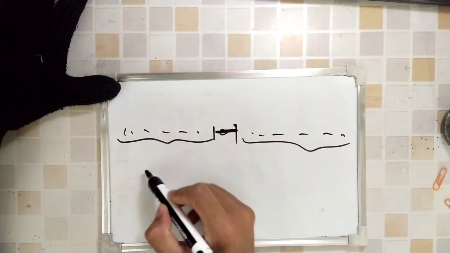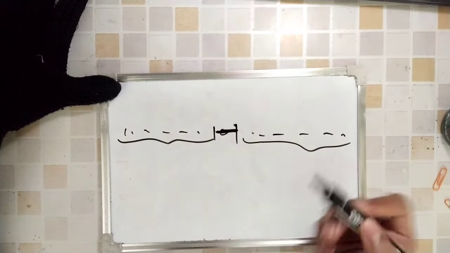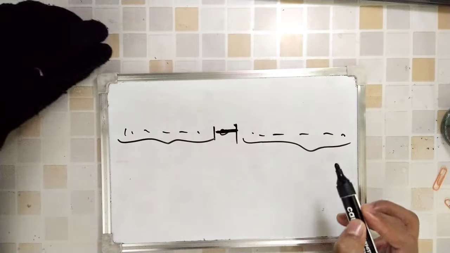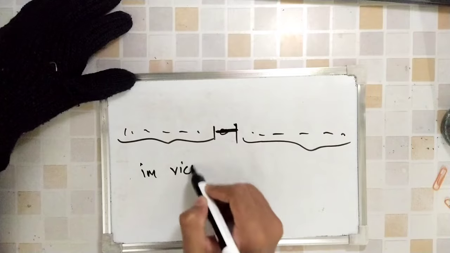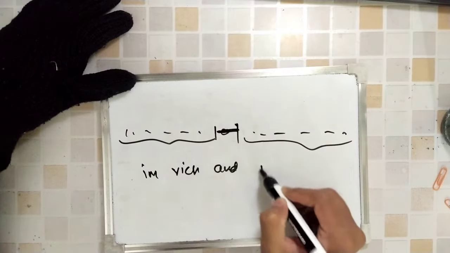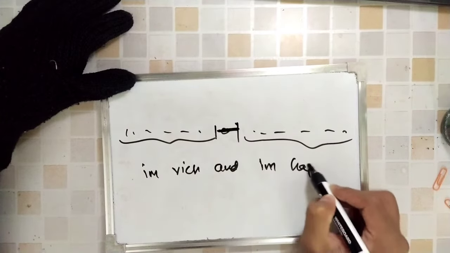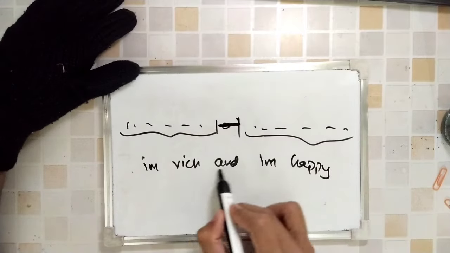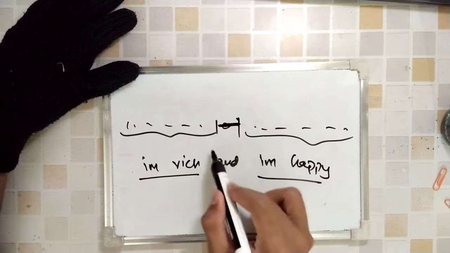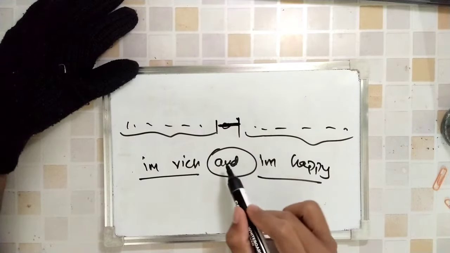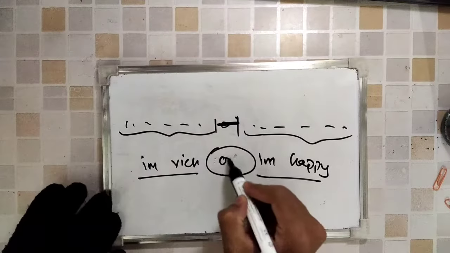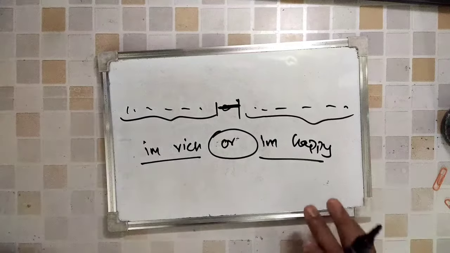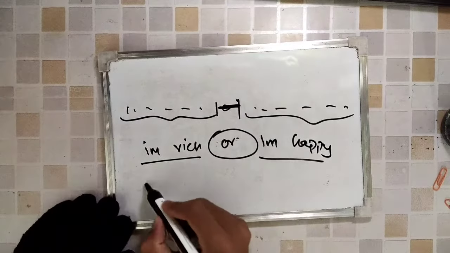So, I am rich and I am happy. This is one statement, this is another statement. I am adding both the statements through this one logical connective. I can also put, I am rich or I am happy. So this is also a logical connective.